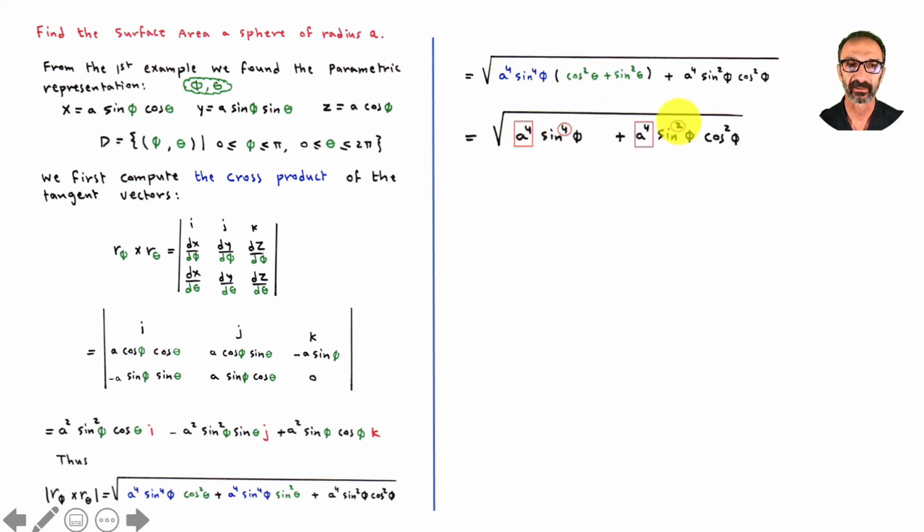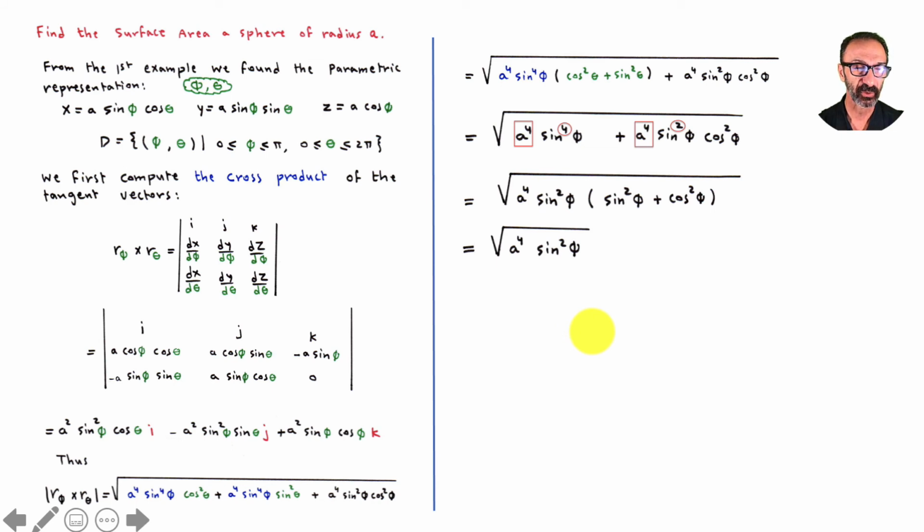Looking at these boxed and circled for you, I could take a to the 4th out as a common factor. And from sine to the 4th phi and sine to the 2nd phi, I could take sine to the 2nd out. Let's do that. From the first one, I got sine squared phi left. From the second part is cosine squared phi, which also equals 1.